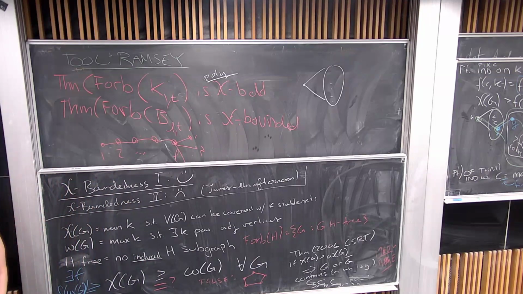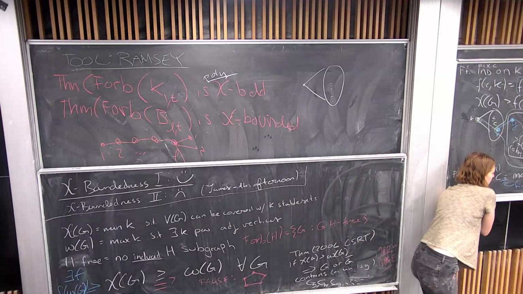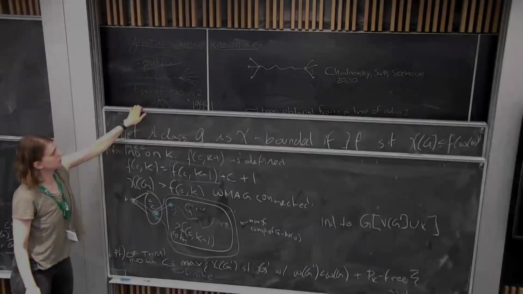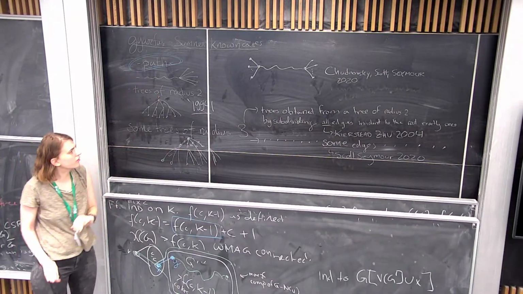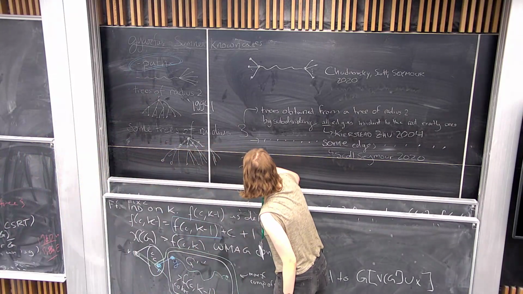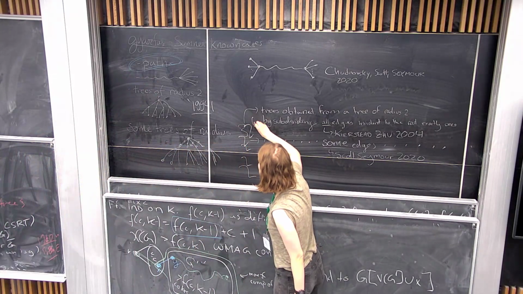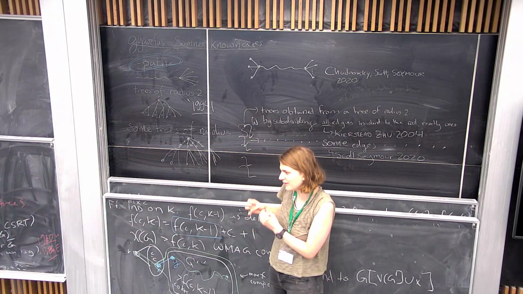It means that your chi-bounding function is polynomial. For everything I've stated, we don't know whether or not it actually is polynomial. For all of these theorems on the board, well, not paths and stars, but everything else, the chi-bounding function involves crazy Ramsey constants like 2 to the 2 to the 2 to the omega. It's really annoying because we don't actually know.